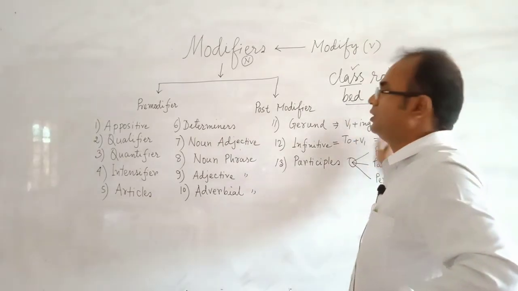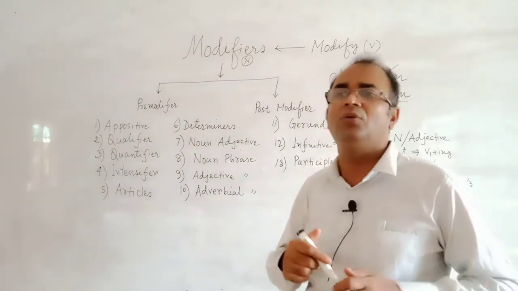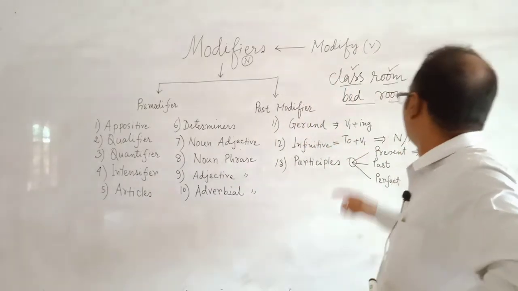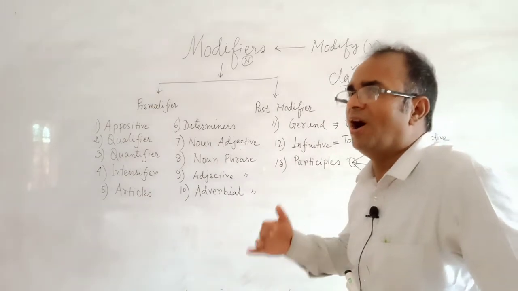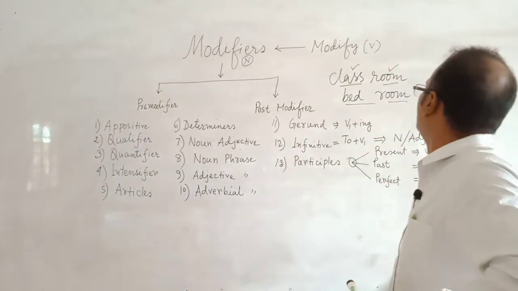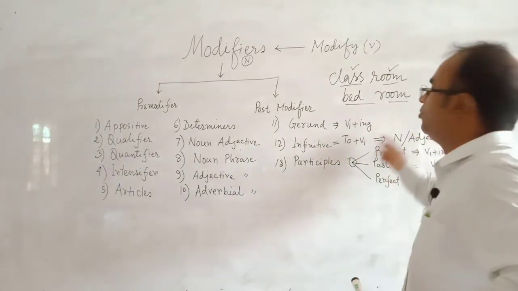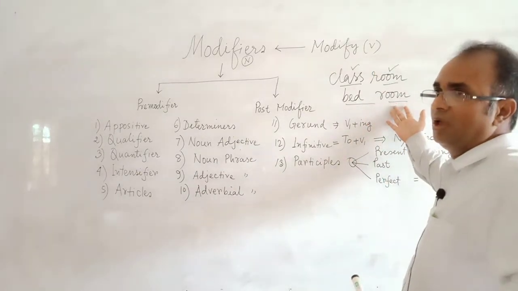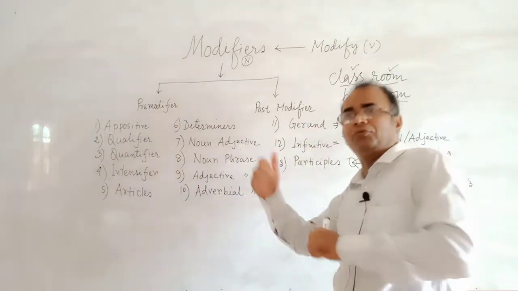Another example. Bed is a noun, room is a noun. But before room, the word bed modifies the room. A noun modifies another noun.